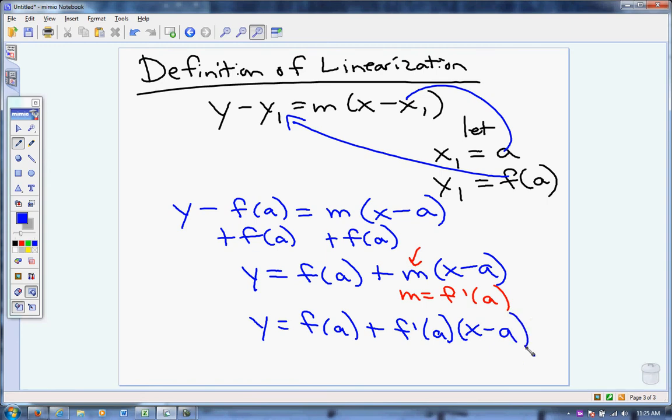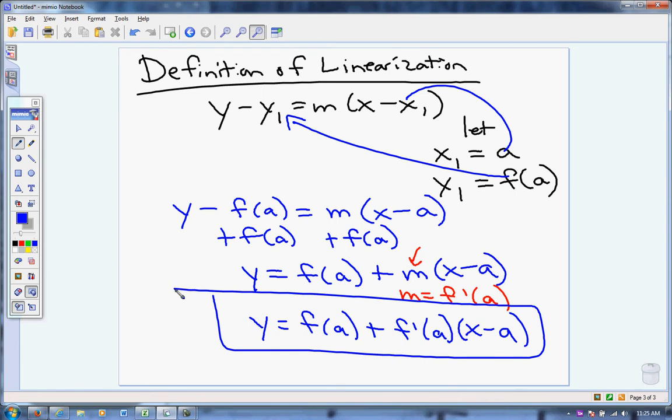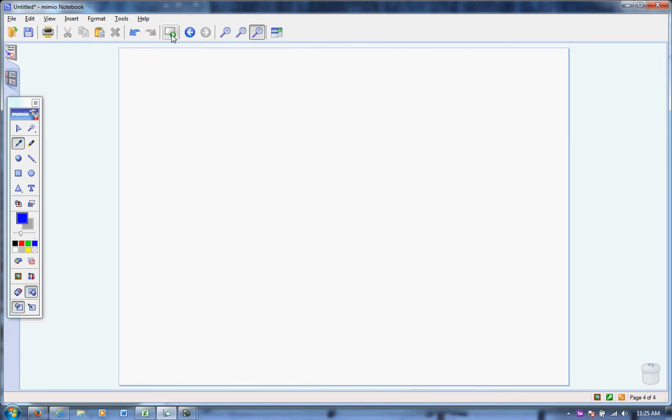And that, everybody, is what we call the linearization of a function. This is the linearization. Let's write it, we can go ahead and label it. And let's make a summary statement. We'll say definition.